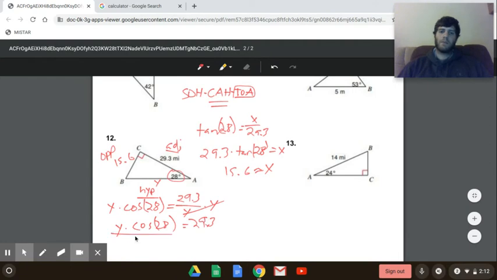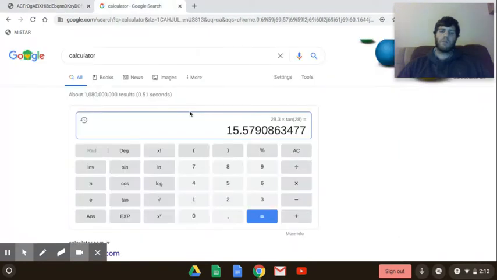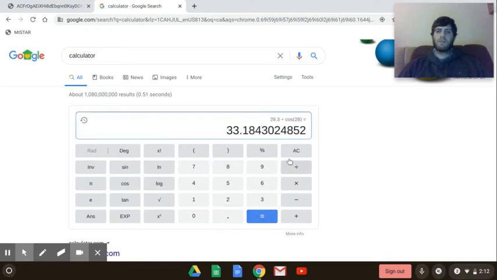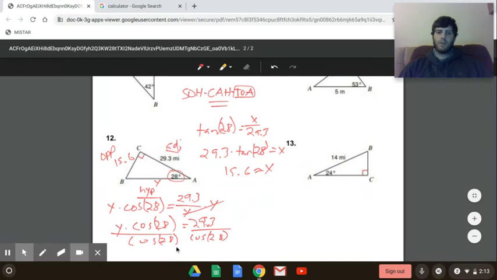We can divide both sides by cosine 28. So 29.3 divided by cosine 28 is going to give us 33.2. So y is approximately 33.2, and that's your hypotenuse.